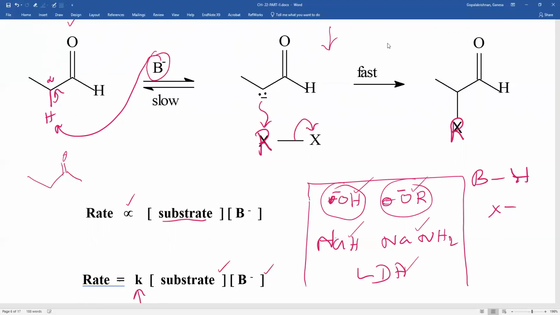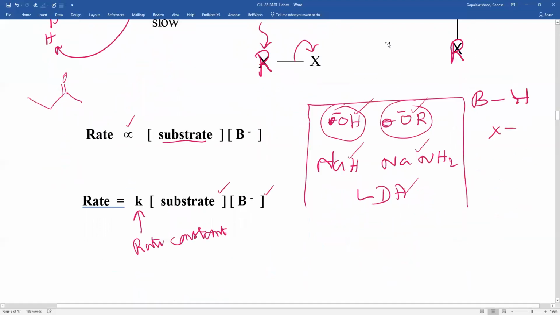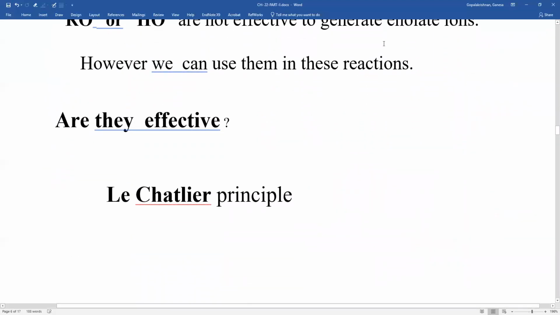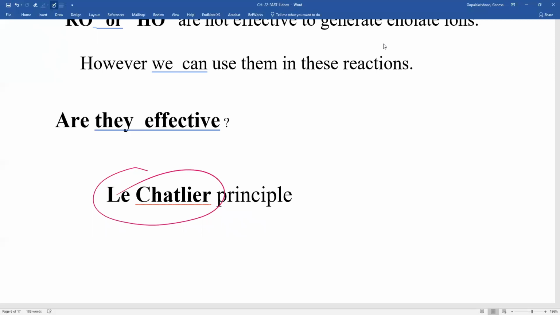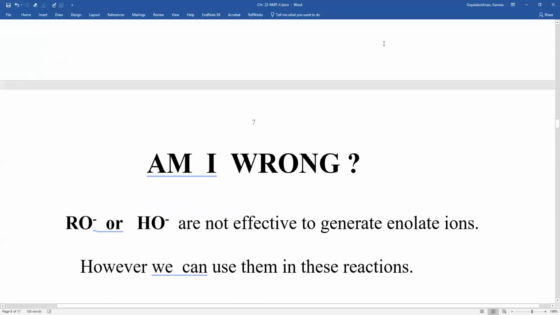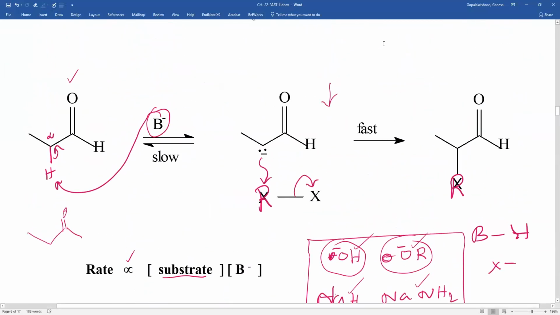There is one principle, you probably learned it in freshman chemistry, called the Le Chatelier principle. According to this principle, if there is an equilibrium reaction, and yes, the first step is an equilibrium, if you keep on removing the product of the reaction, more and more substrate will be converted into the product.